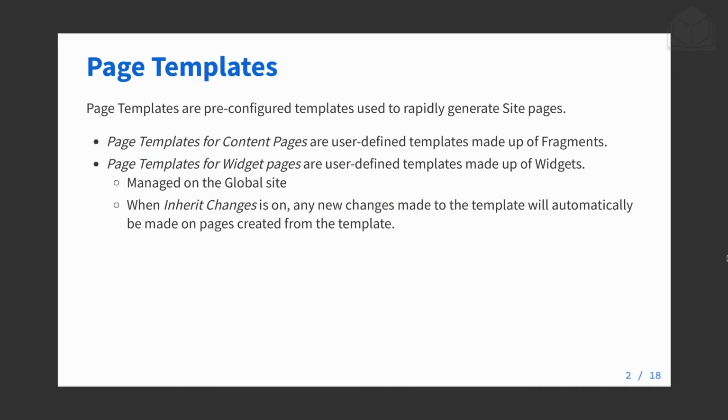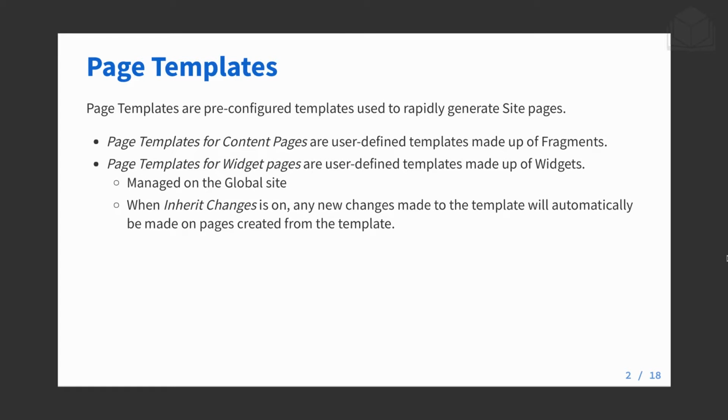Now, page templates are specifically for individual pages, like I mentioned earlier. There are two types of page templates, and this is actually new to 7.1: content page templates and widget page templates. This reflects the change in the new page creation that we just saw in the last chapter.